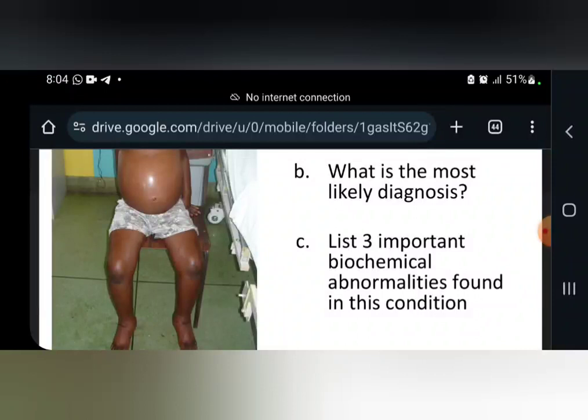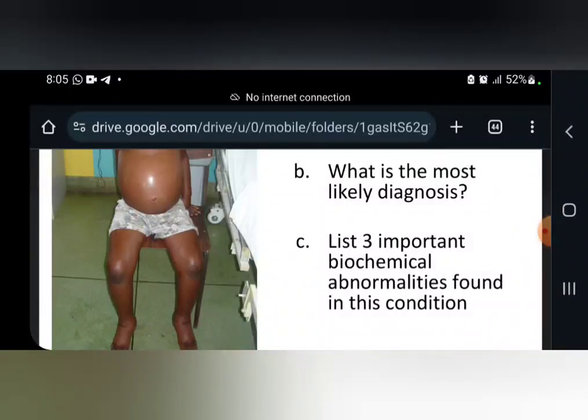Second element, you have hypoalbuminemia. Is it clear? Third element is proteinuria. But you can even start with proteinuria before saying hypoalbuminemia, before saying edema. Is it clear? Now, after having those 3 major elements, you have now the minor elements.